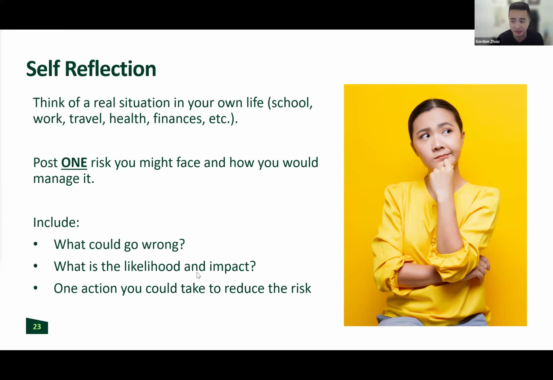I'd love to hear your thought process on what could go wrong, using the probability and impact matrix: what's the likelihood of that happening, what could be the potential impact, and then what's the general risk response, what would you do, would you mitigate, would you accept, and then what's the specific response that you would have to take that's related to that general response to either reduce that risk or to at least have a plan in place to address it.